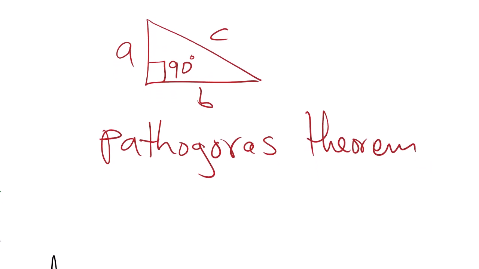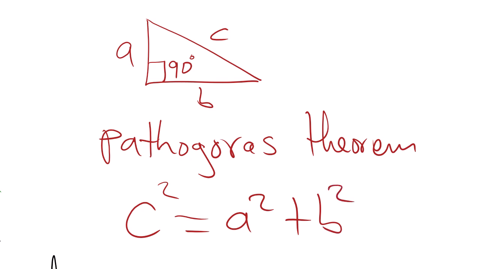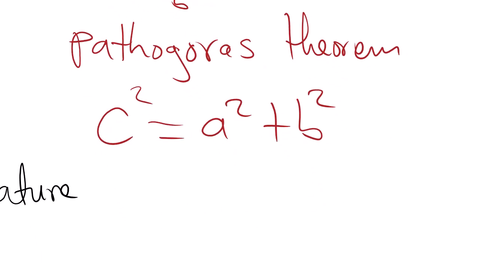So this theorem says that C, this part squared, is equal to A squared, that is this part squared, plus this part squared, which is B squared. This is the formula. For you to make C the subject of the formula, remember C here is not the subject, you need to introduce a root.